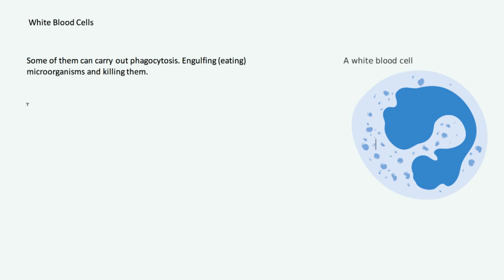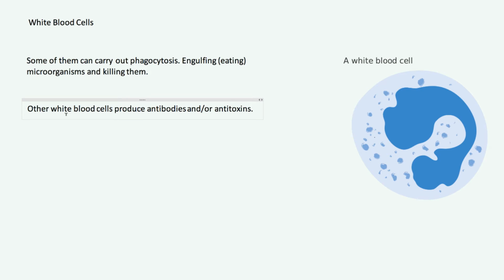Now, some other white blood cells don't do that. Instead, they produce things called antibodies. Okay, so other white blood cells produce antibodies, and/or antitoxins. Okay, alright, so they produce those, and basically what they do, an antibody is going to bind to a microorganism that's invaded, right?